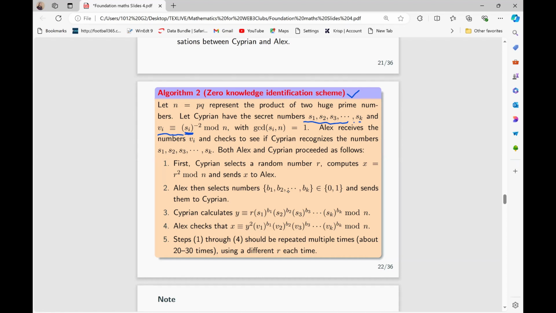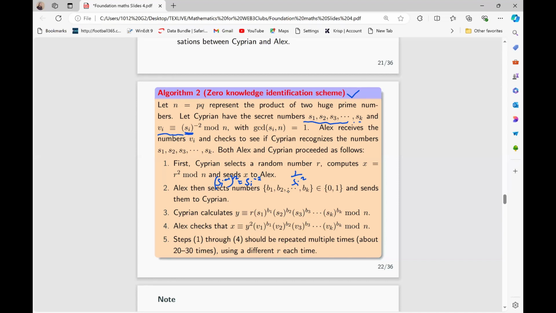What is this? This is just the same as 1 out of Si square. In fact, it's the same as the inverse of Si, and then you square that inverse. When you square that inverse, what you get is Si raised to -2. So it was just the inverse, and then you squared.